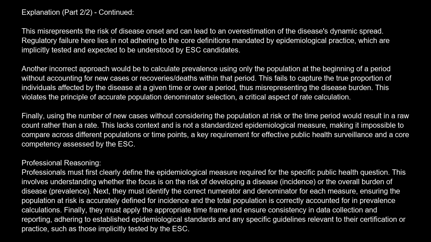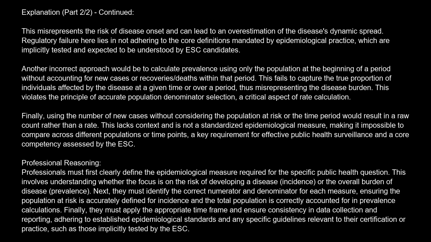Professional reasoning. Professionals must first clearly define the epidemiological measure required for the specific public health question. This involves understanding whether the focus is on the risk of developing a disease, incidence, or the overall burden of disease, prevalence. Next, they must identify the correct numerator and denominator for each measure, ensuring the population at risk is accurately defined for incidence and the total population is correctly accounted for in prevalence calculations.